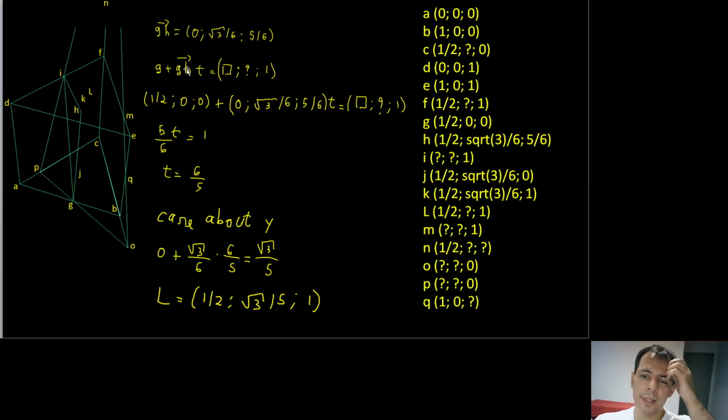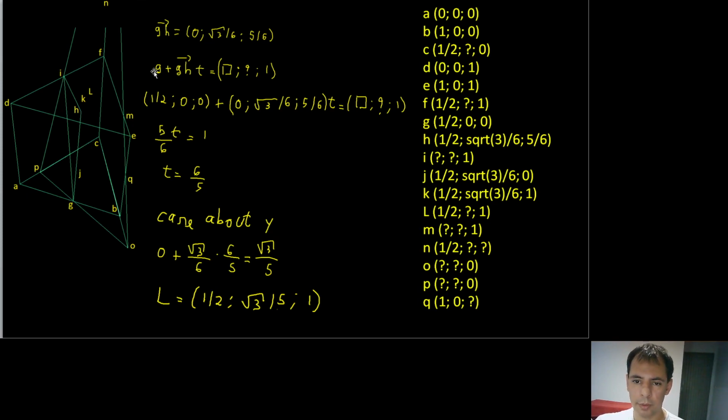Now I'm going to apply the same vector reasoning, right? I'm at this point g, and I'm going to take a t part of the vector gh, and from this I know that I'm going to end up at L, because L is the continuation of this vector where it hits the top. Okay, now what do you got to worry about?